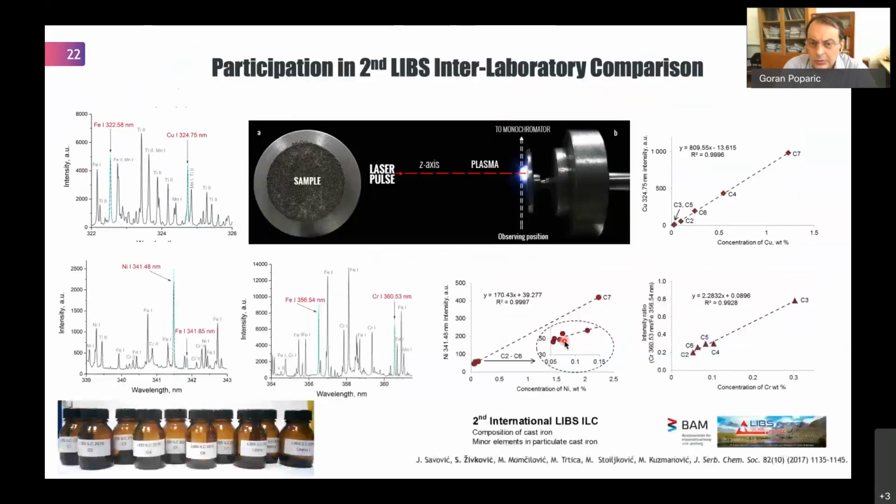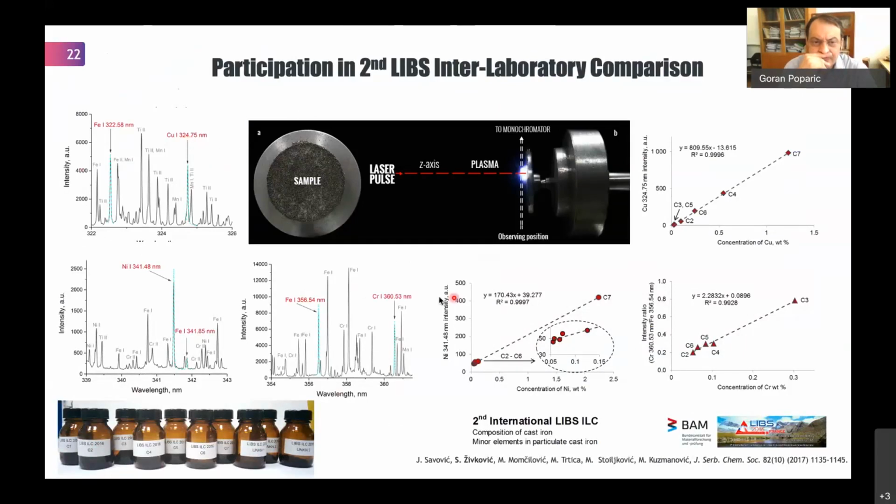Then in 2016, we got the opportunity to participate in the second LIBS International Laboratory Comparison, organized by the LIBS 2016 conference and the Bonn Institute from Germany. We got 10 samples, of which 3 had a known concentration of nickel, chromium, and copper.